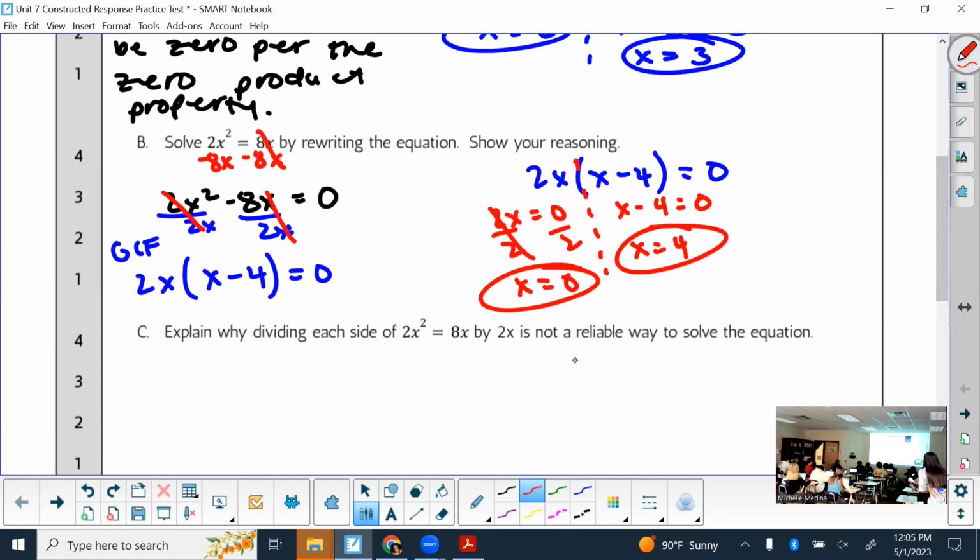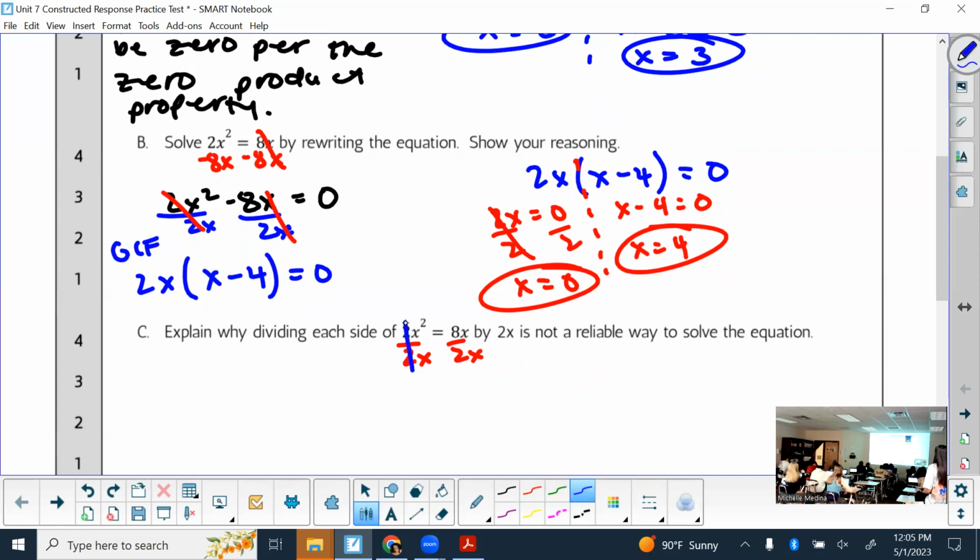So we already solved that. We said it's 0 and 4. So let's see what happens if we divide each side by 2x. Because you can do something to either side as long as you do it to both sides, right? So let's see what we get.